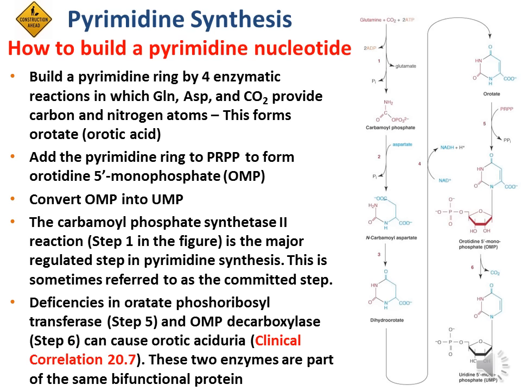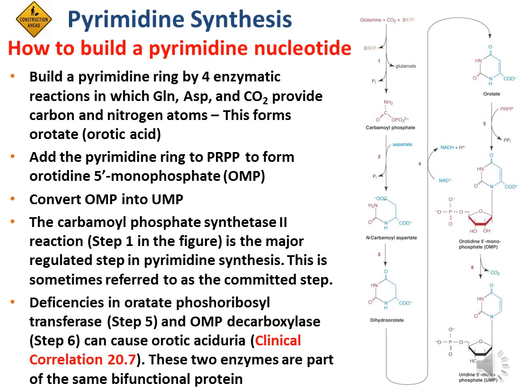This slide shows the first part of the construction of a pyrimidine nucleotide. We start by building a pyrimidine ring by 4 enzymatic reactions in which carbon and nitrogen atoms are donated by glutamine, aspartate, and carbon dioxide. This forms orotate, or orotic acid.